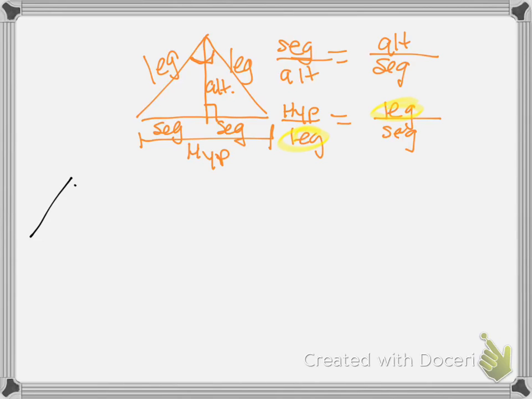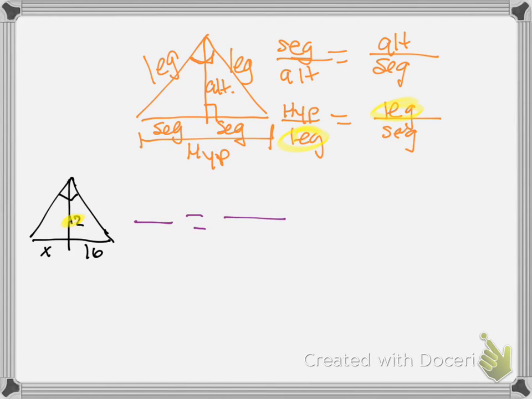In this one here, I'll just take one from the review. They give you 12, they give you X, they give you 16. This piece right here is an altitude. So that means you're going to use the formula for altitude, the proportion up here.